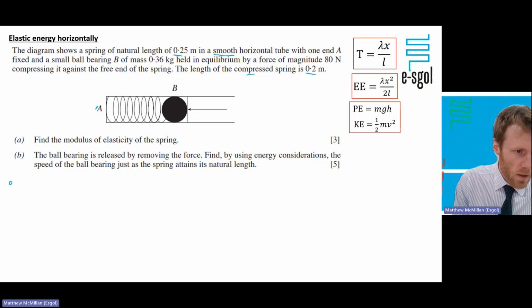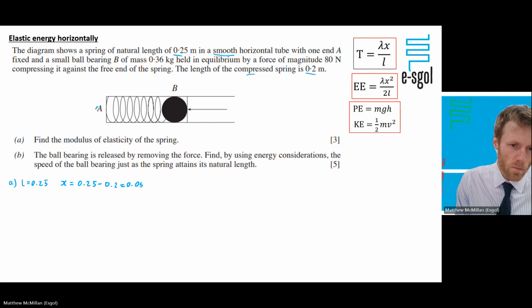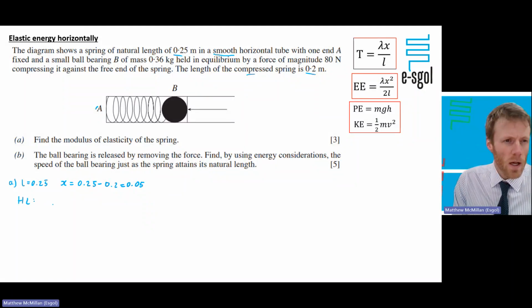So part A, our natural length is 0.25. The extension, in this case, is not really an extension, it's a compression. 0.25 minus 0.2, so it's 0.05. And then we're going to apply Hooke's law.